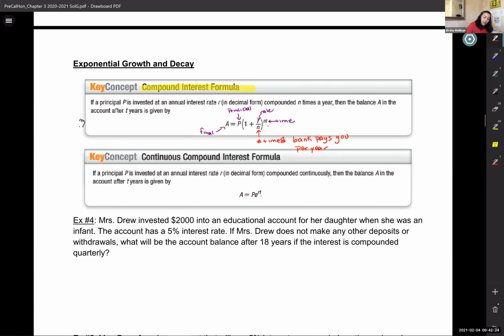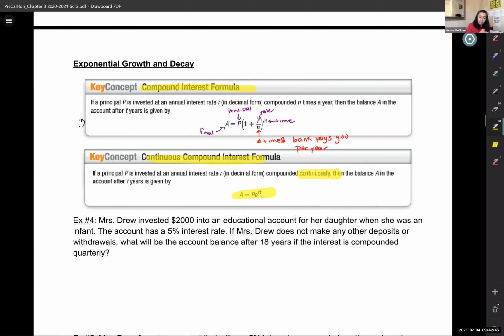Now, the sister formula to that is the continuous compound interest formula, where A equals P e to the rt. And you only use this when you hear or read the word continuous or continuously.